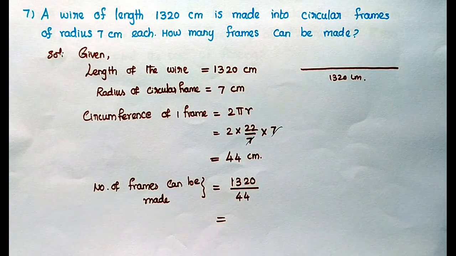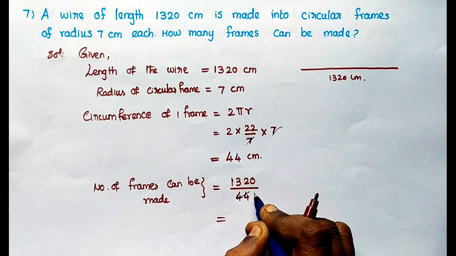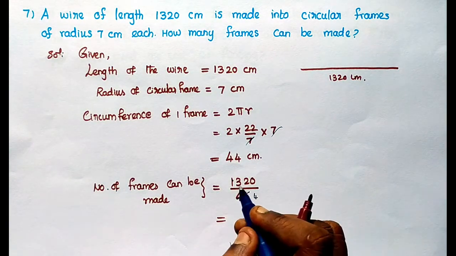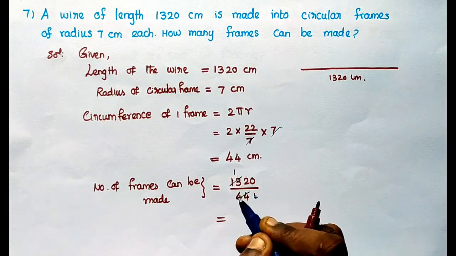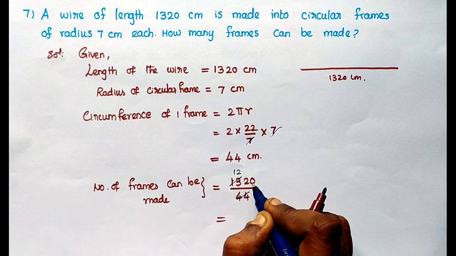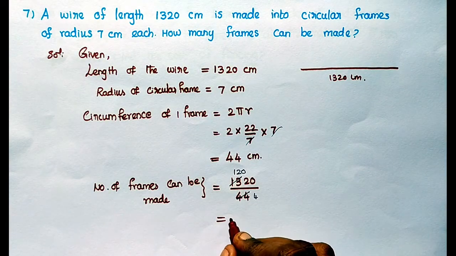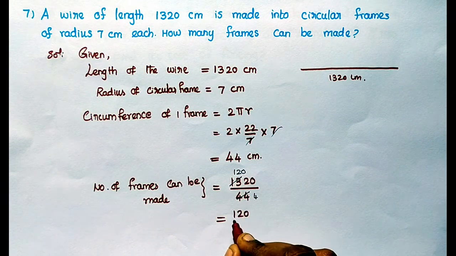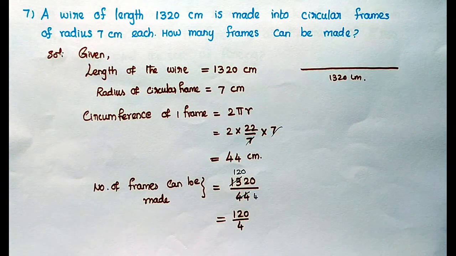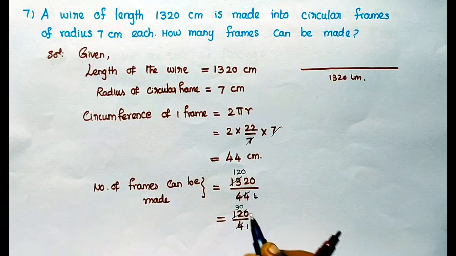So cancel this number. 11th table, 4 11s are 44, 1 11 is 11, balance 2, it becomes 22. So 2 times, put the 0 means 120. 120 divided by 4, cancel by 4th table, 4 1 is 4, 4 3s are 12, put the 0 means 30.